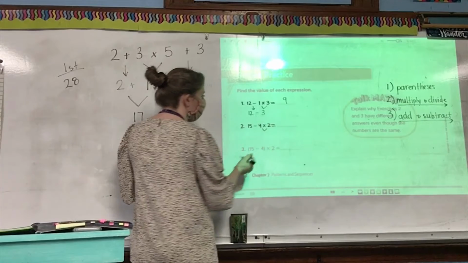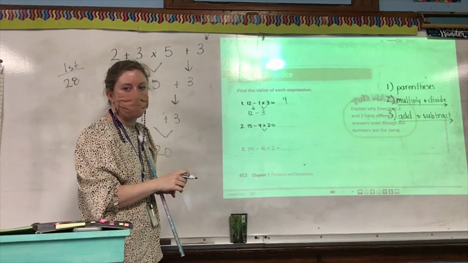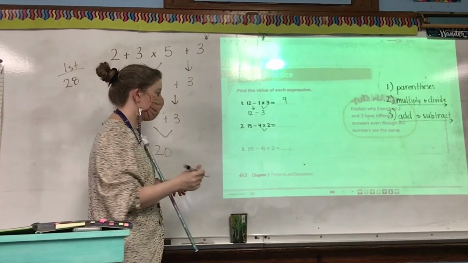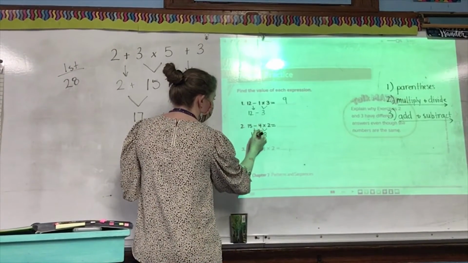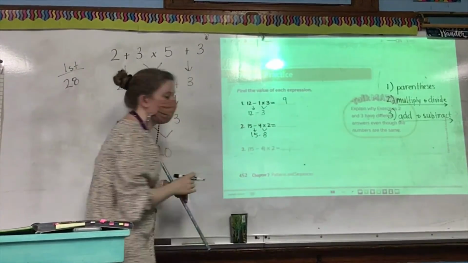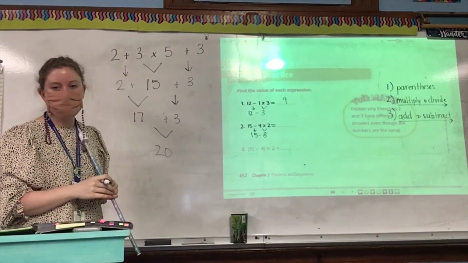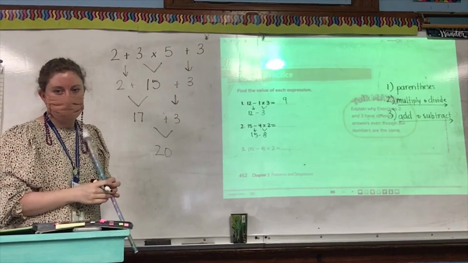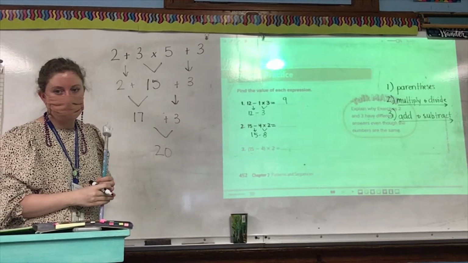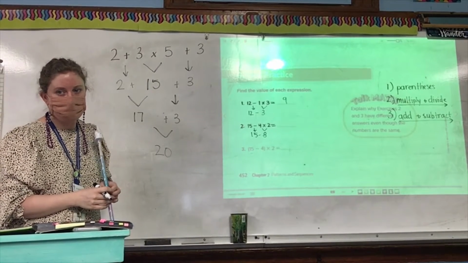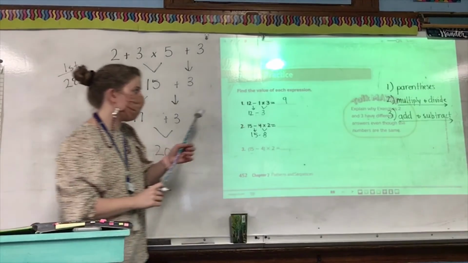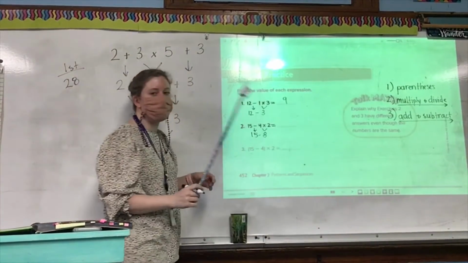So we're going to draw a caret under 4 times 2 and then solve, which is 8. Then we're going to bring down the rest of the problem. And what do we have left, Zari? 15 minus 8. Okay. Do we have any other multiplication or division?